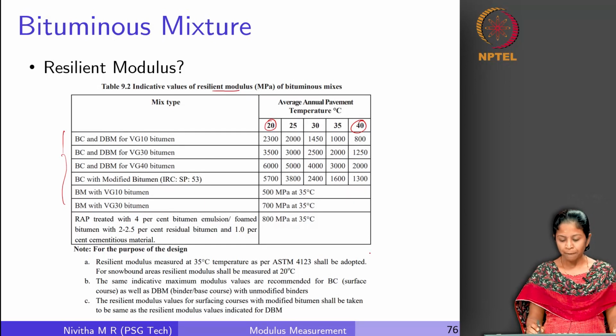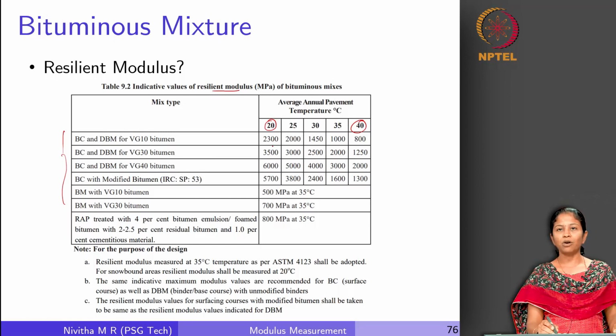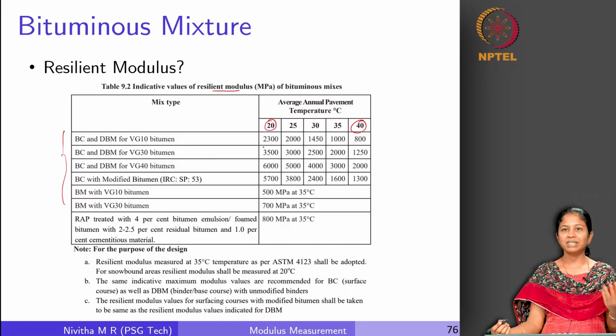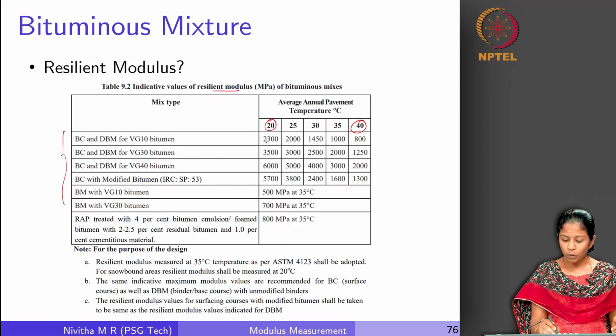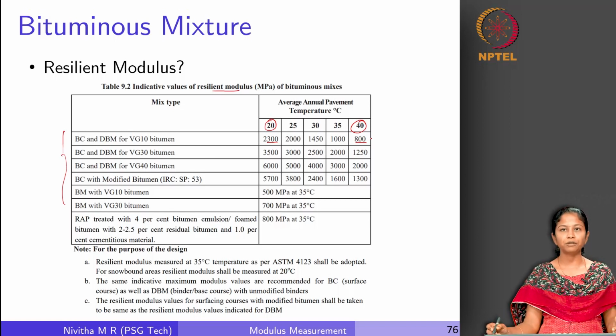Our interest in this module is to quantify the effect of environmental parameters, which for bituminous mixtures is basically temperature. The modulus is 2300 megapascal at 20 degrees Celsius and it reduces to 800 megapascal at 40 degrees Celsius. So, there is a significant effect of temperature on the resilient modulus value.